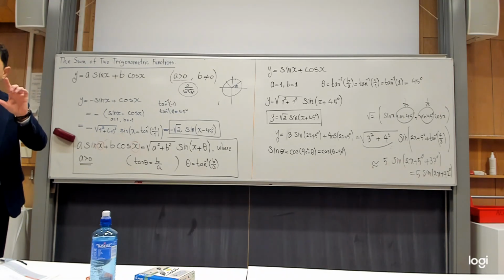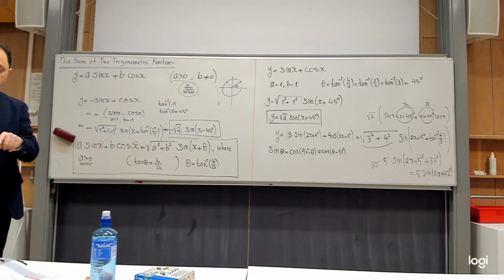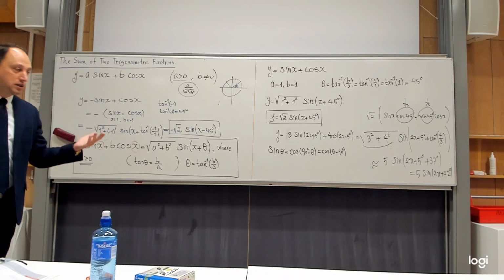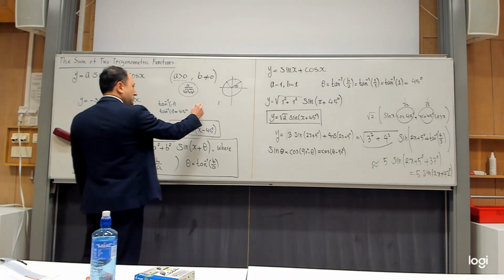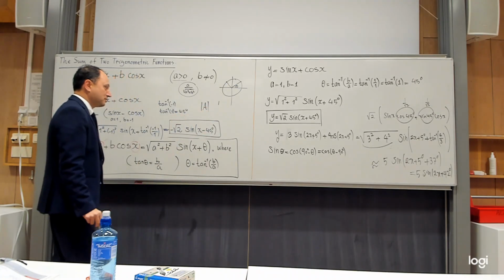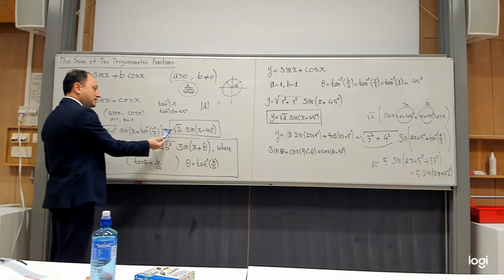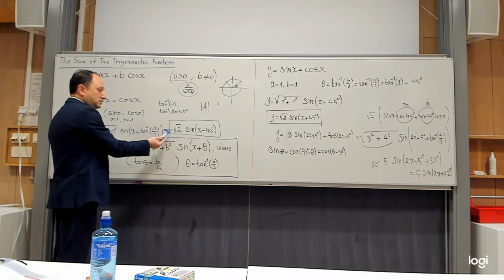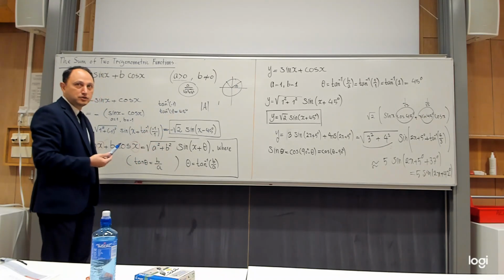Amplitude by definition is positive. The reason that book is avoiding a negative is because this will make this problem, yes? So be careful. If I ask you what is the amplitude and your answer is minus the square root of 2, it is not correct because by definition amplitude is a positive number.